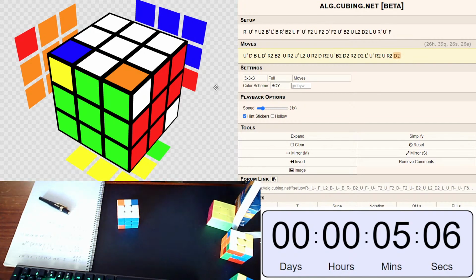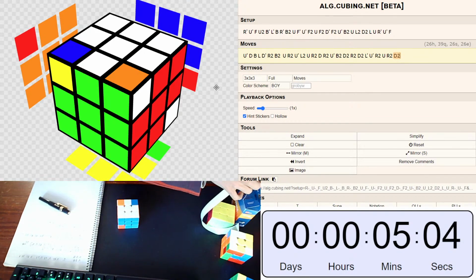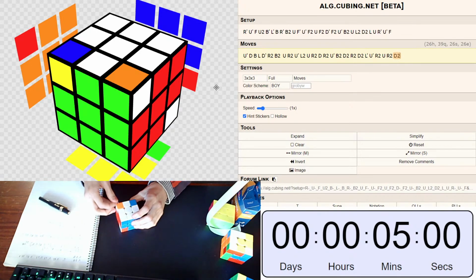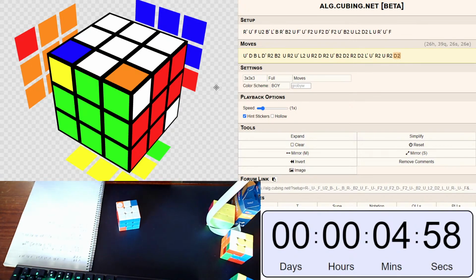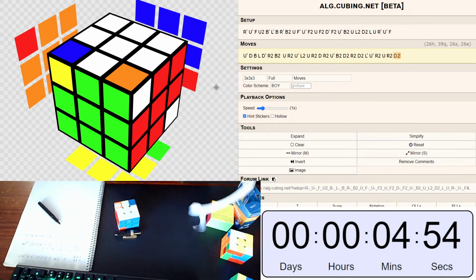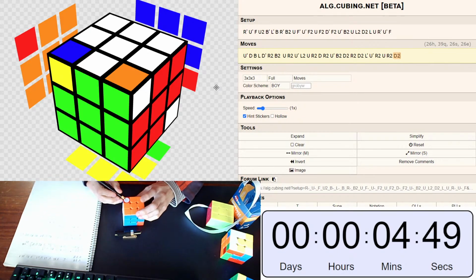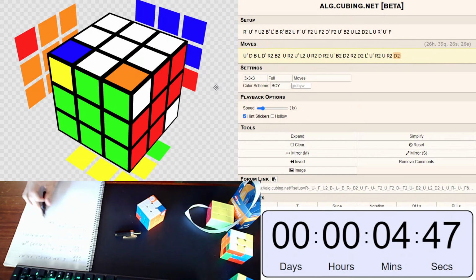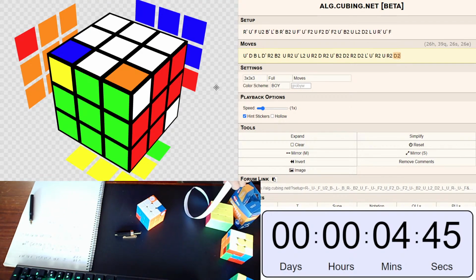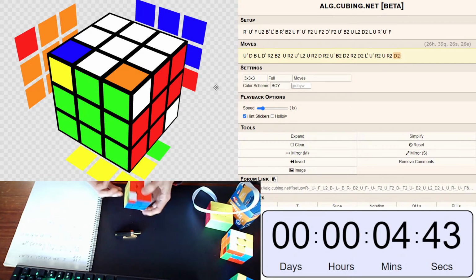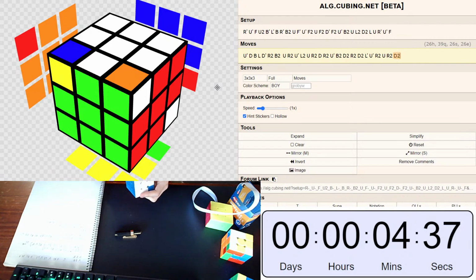I could do this right at the end, but I have 5 minutes to check, so I'm going to check. 1, 2, red goes to red here is 3.